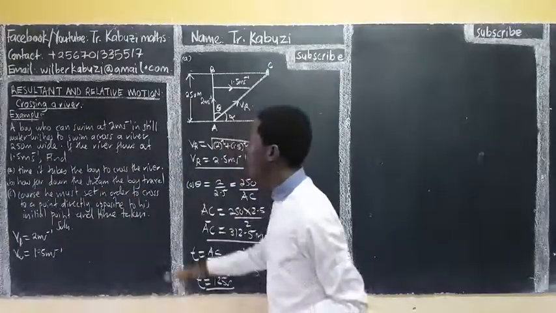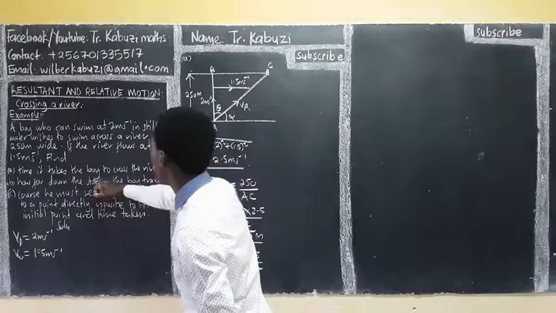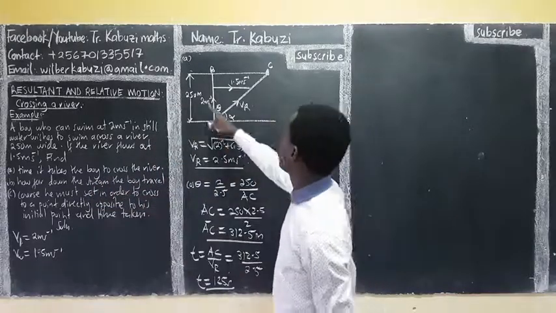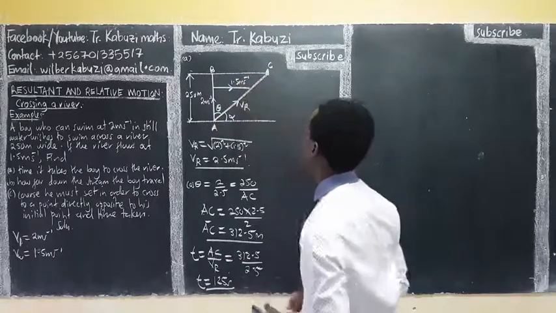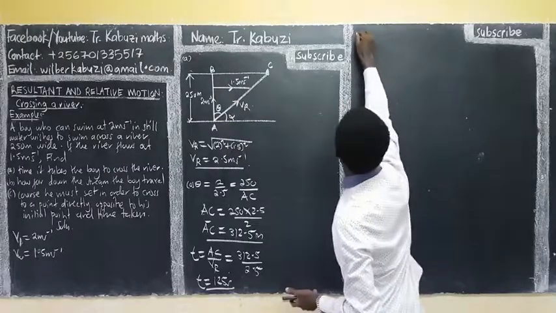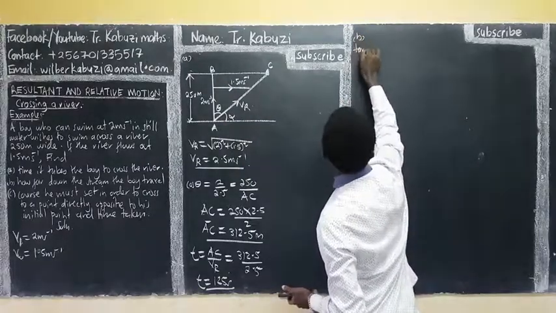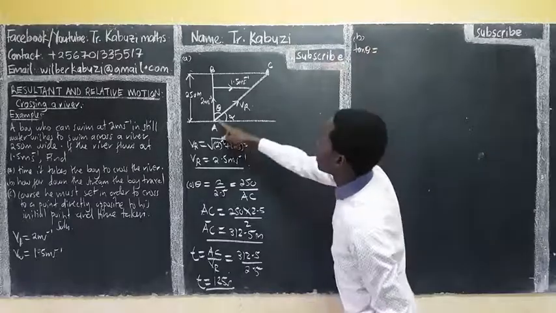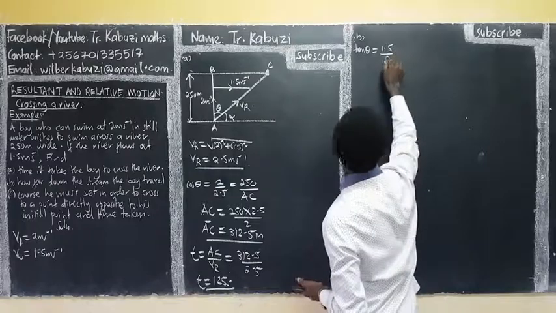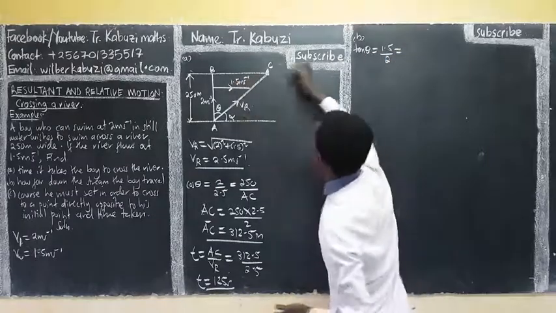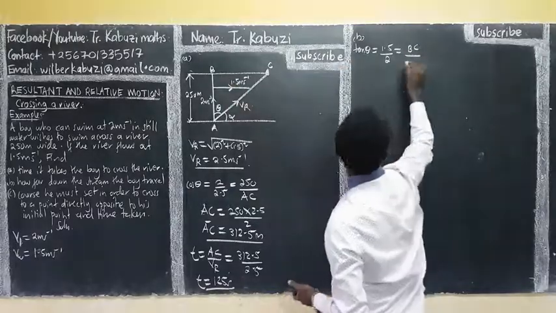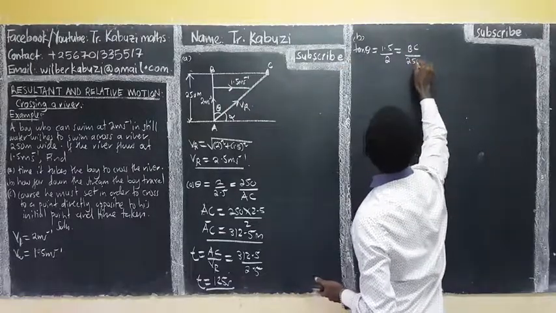Now find how far down the stream he goes. This is what we want. At the downstream, tan theta is going to be opposite over adjacent, which is the opposite distance, BC, over the adjacent, 250.